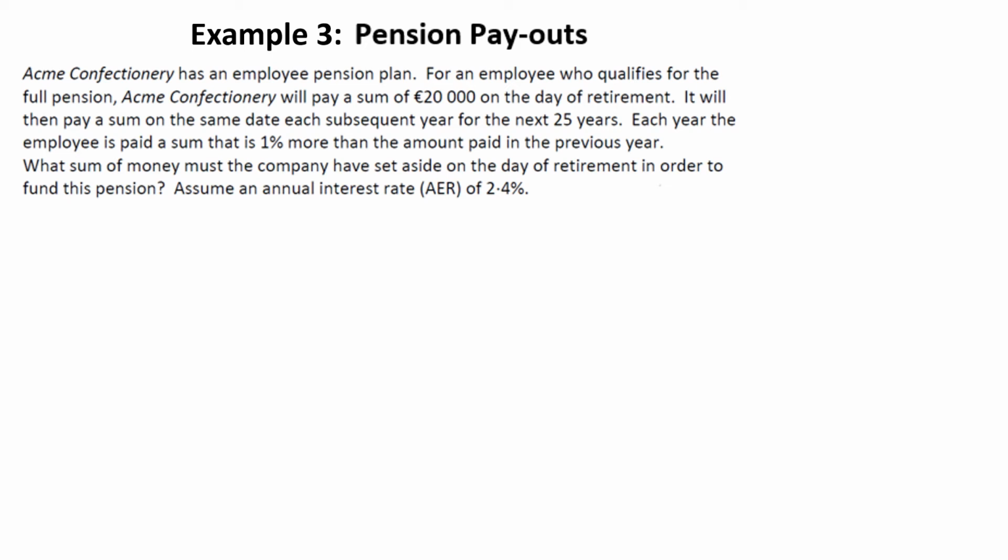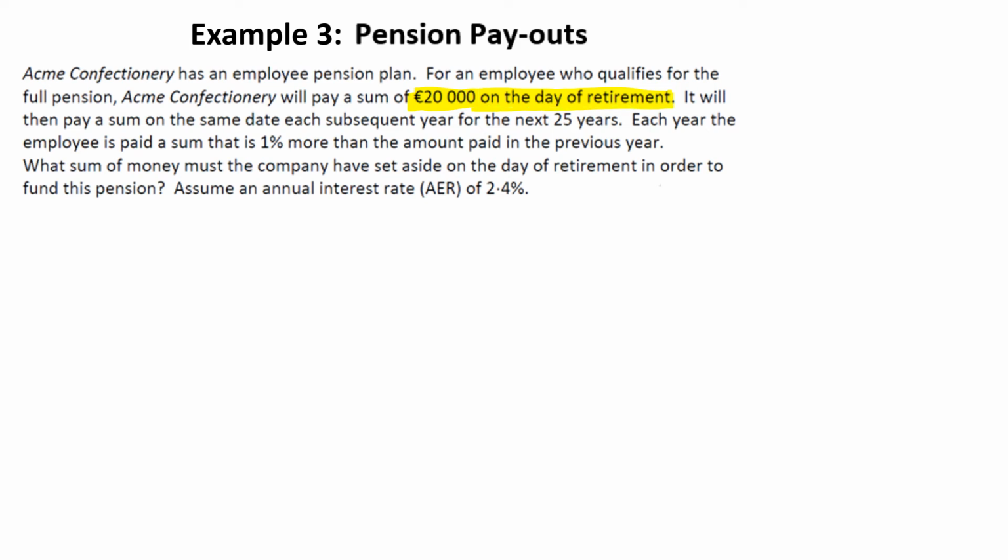Example 7.3, pension payouts. So Acme Confectionery has an employee pension plan. For an employee who qualifies for the full pension, Acme Confectionery will pay a sum of 20,000 on the day of retirement. So there's quite a lot of reading going on here, so I'm going to highlight as we go. And it's on the day of retirement. That's important. So there's no delay. It happens straight away.